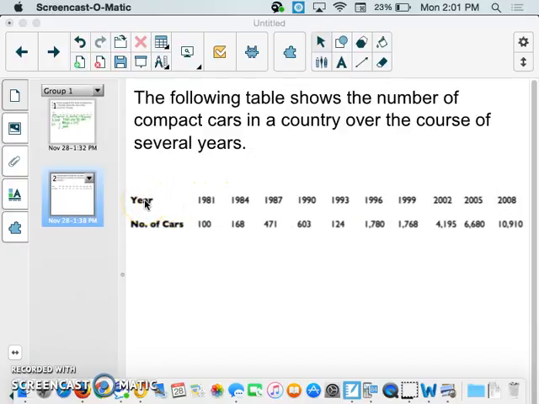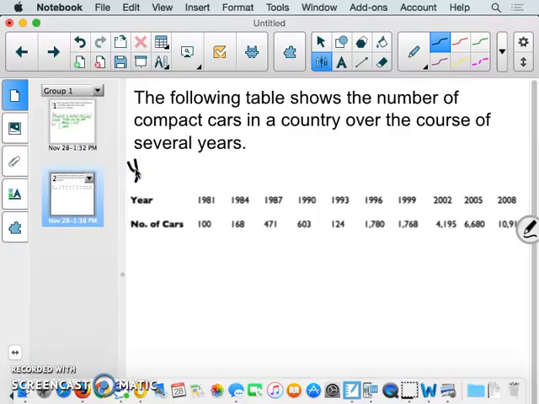So the first thing we're going to do is add another row right above this year row that we're going to use as our x's, and we're just going to say that's years since 1980. And then these values we will put in as our x values for the regression.